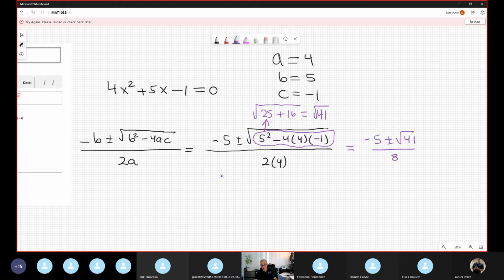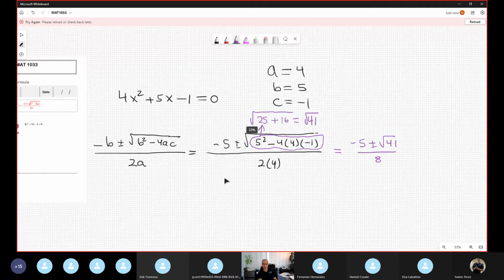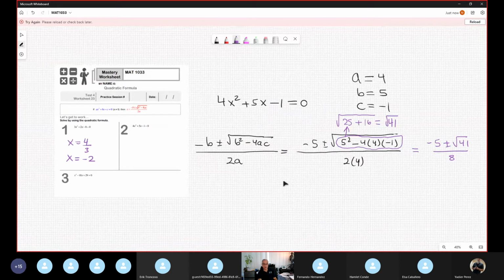And 41 is a prime number, so we cannot do anything more. Leave it like that. x is equal to negative 5 plus or minus radical 41 over 8. But this is irrational. It's a real irrational solution.